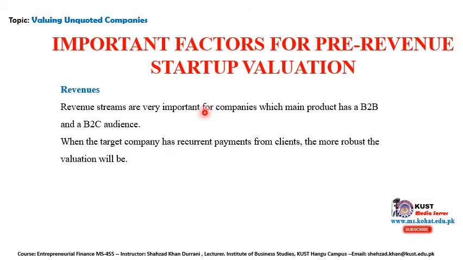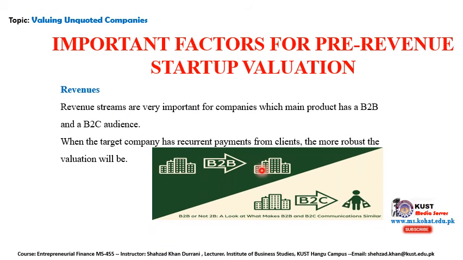So if they are successful in getting their payments repeatedly from consumers or from other businesses, it means that you are earning something, you have revenues, right? So we have two kinds of business, business to business and business to consumer, and the revenue can come from both of them.